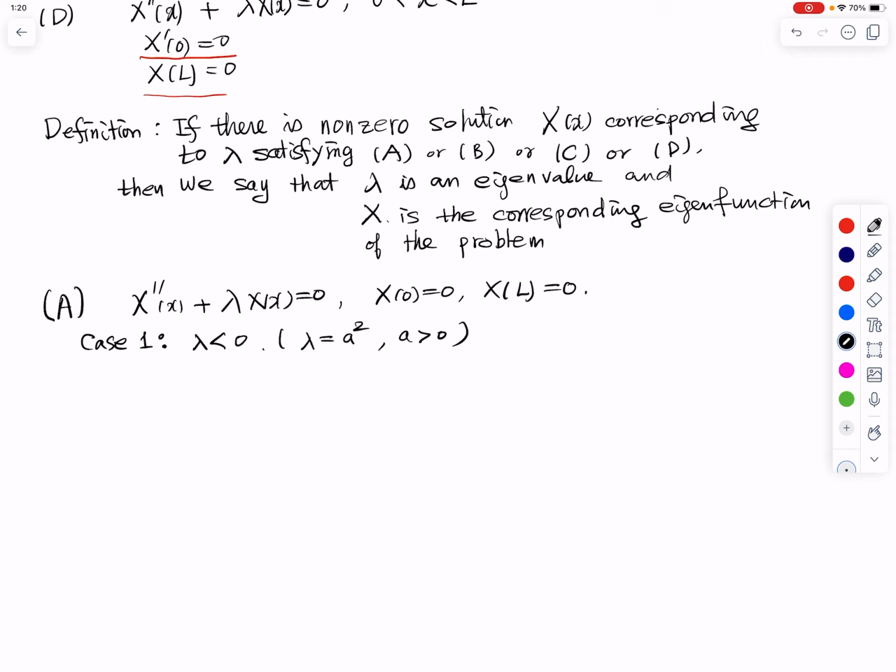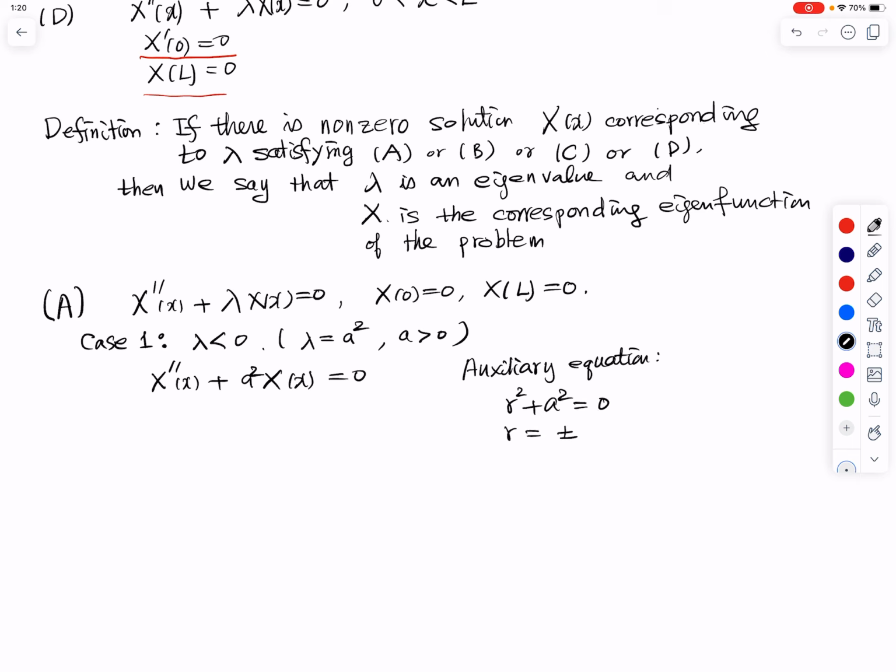And then we have the equation x double prime plus a squared x. In ODE, in order to solve this, we need the auxiliary equation, which will be r squared plus a squared equals 0. So you get r equals plus or minus ai.